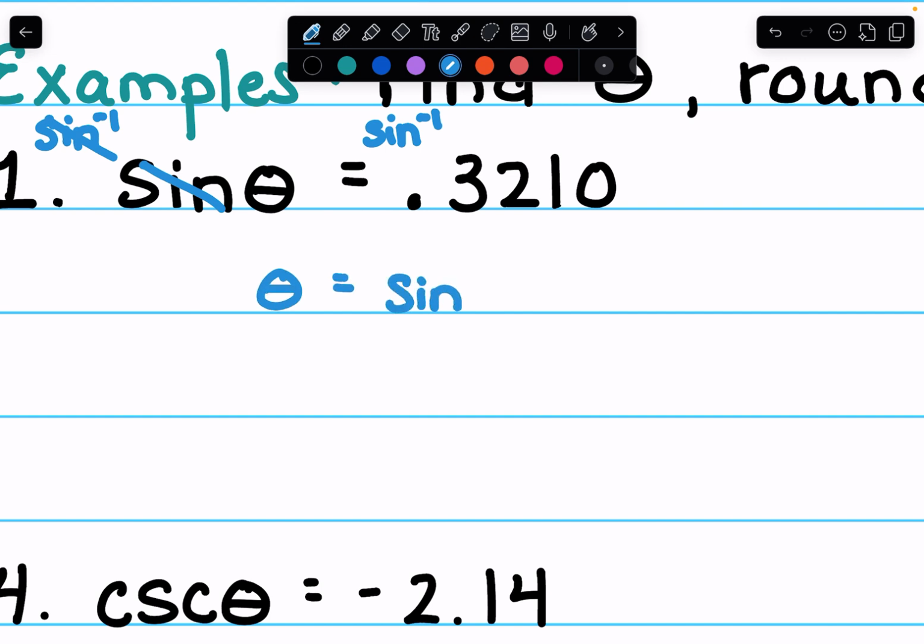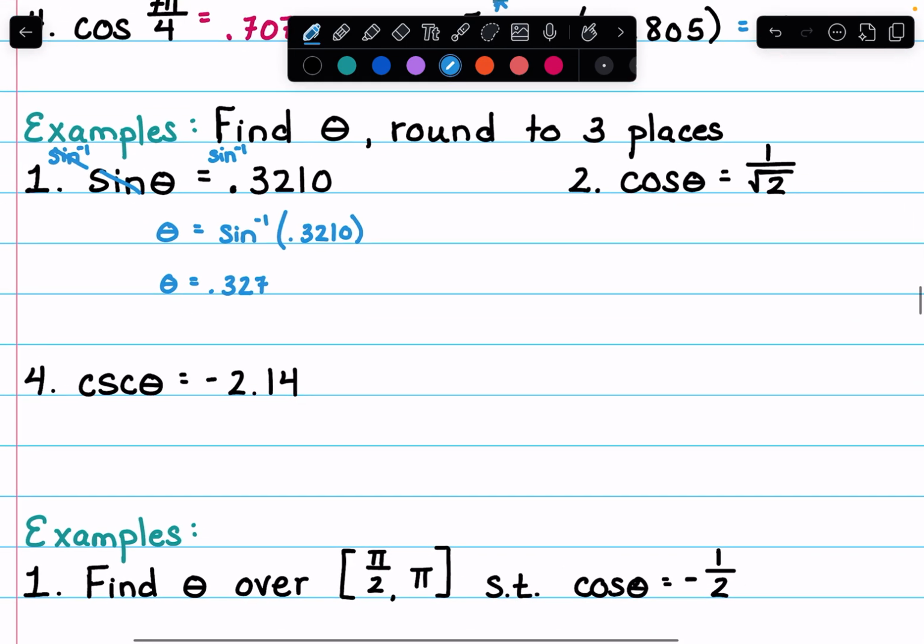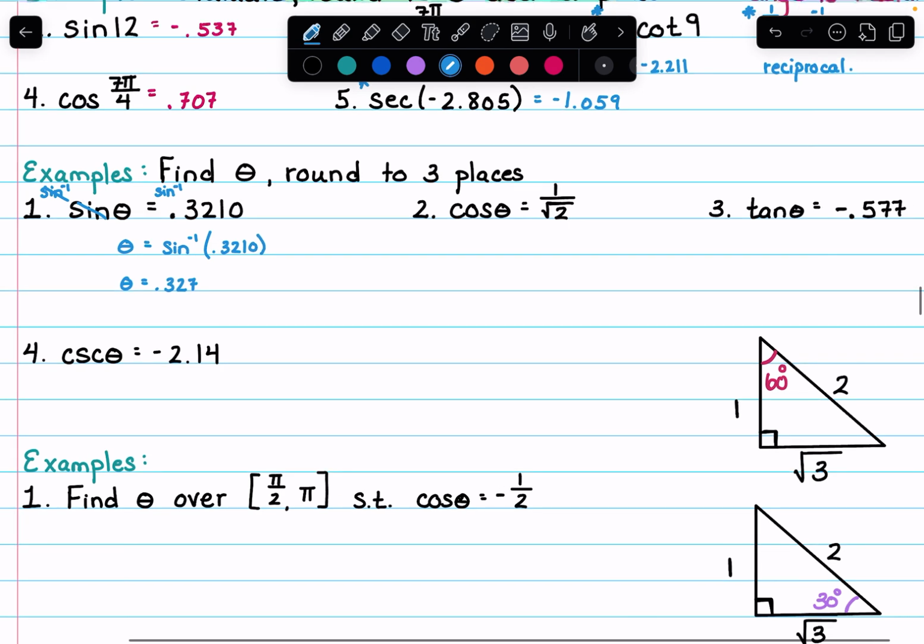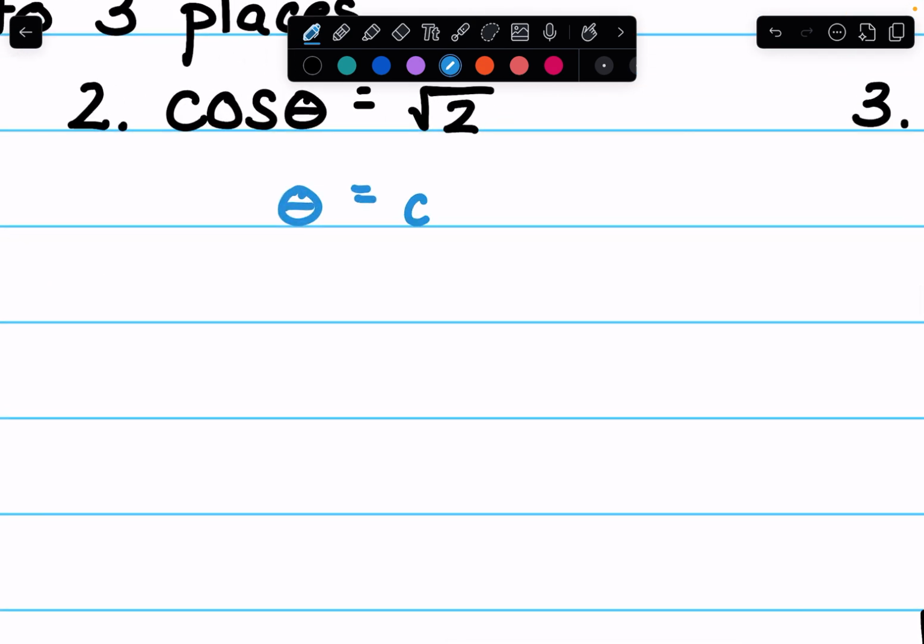So you would type in second sine 0.3210, and theta is 0.327. So just using that inverse key.